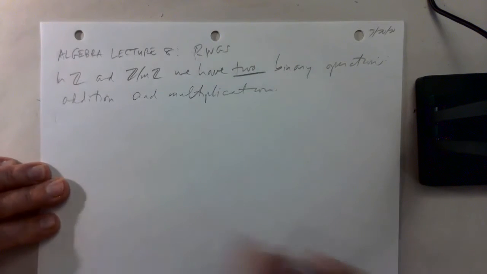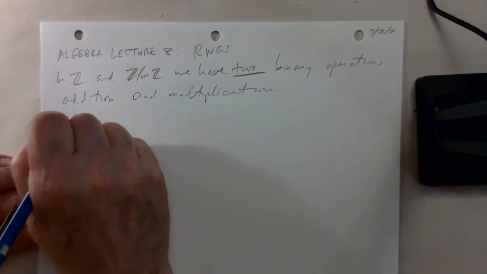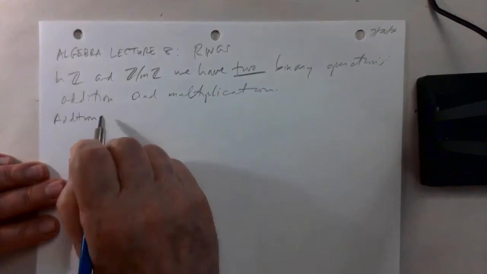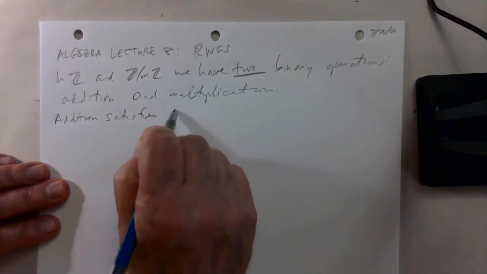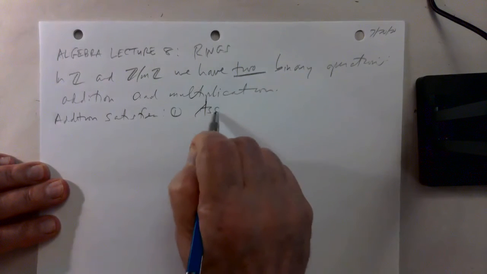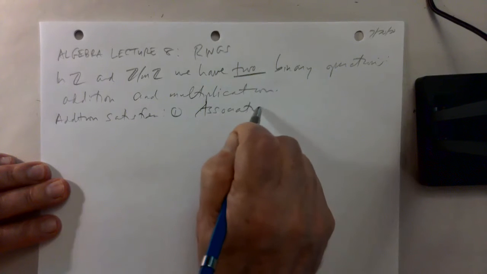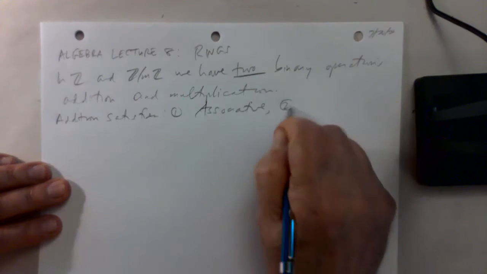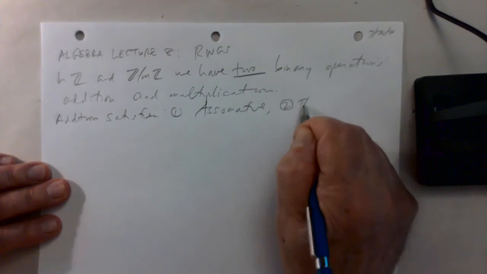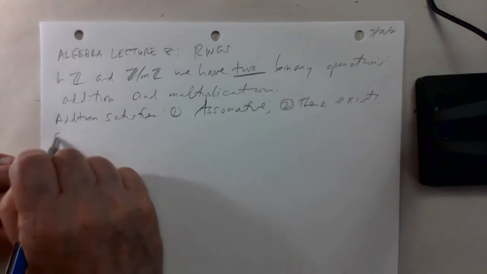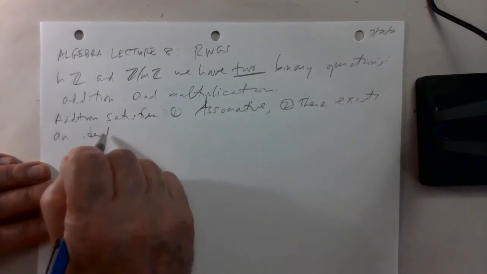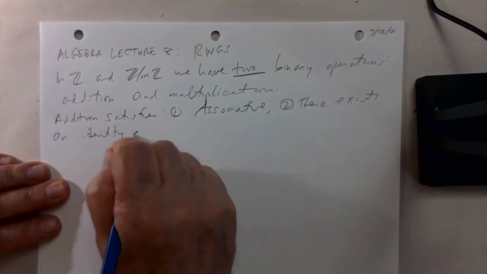So addition in both cases satisfies the following properties. It's associative. There exists an identity element.